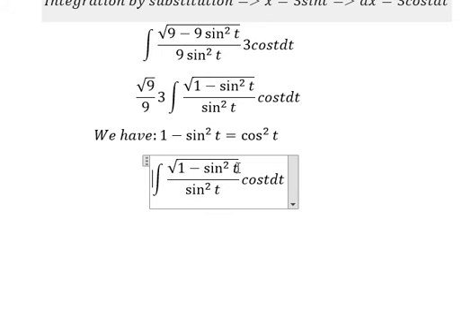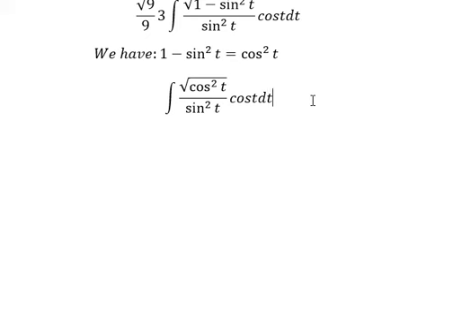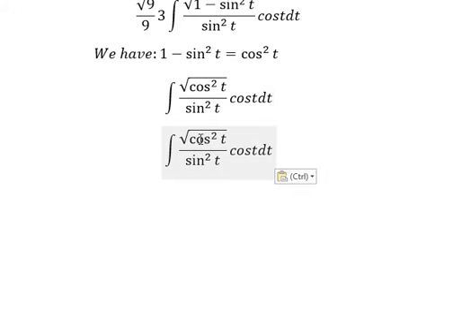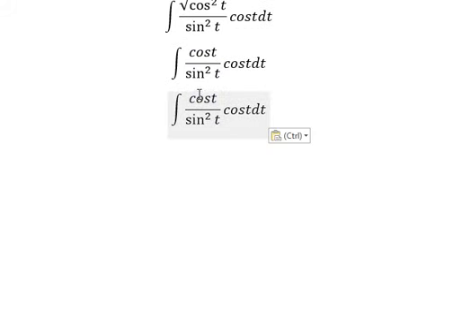1 minus sine squared t, you get cosine squared t. Cosine squared t under the square root, you get cosine t. Cosine t multiplied by cosine t, you get cosine squared t.